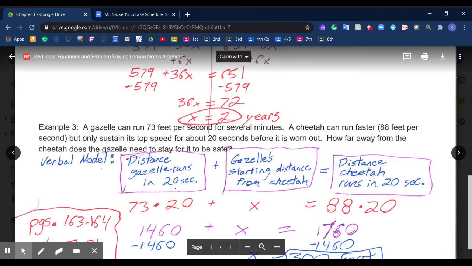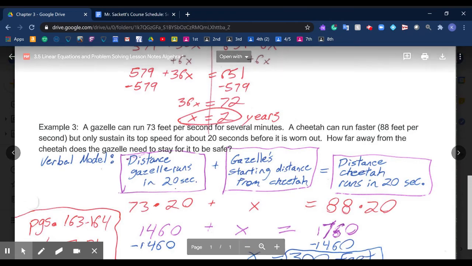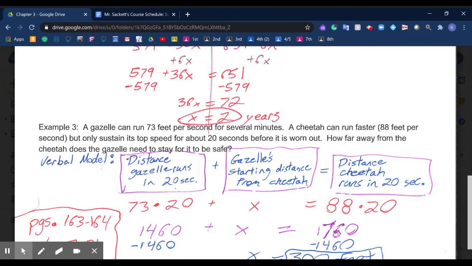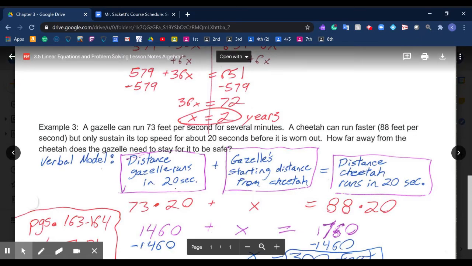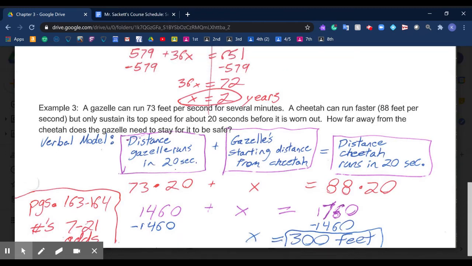So the gazelle's distance covered would be 73 feet multiplied by 20 seconds plus x, our distance. And then on the right, the distance the cheetah runs times its rate, so the 88 feet per second times the 20 seconds for the cheetah. So then we end up with 1460, 73 times 20, 1460 plus x equals 1760.